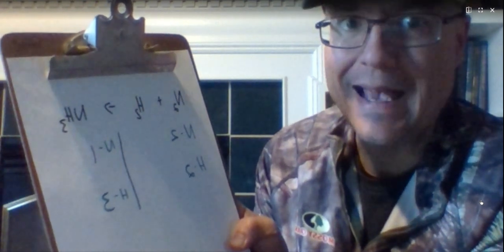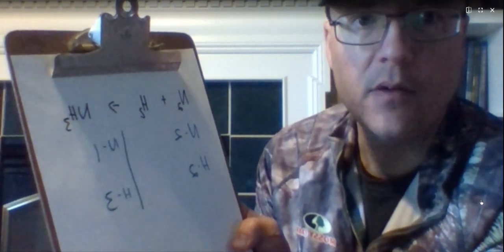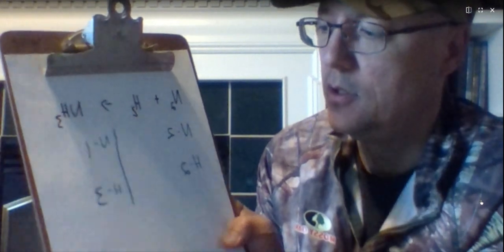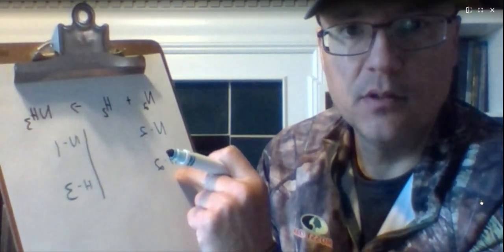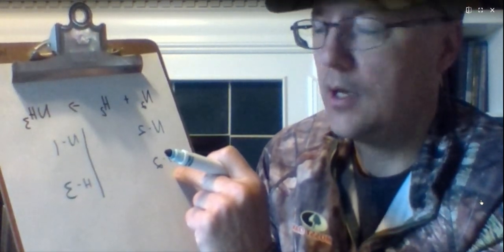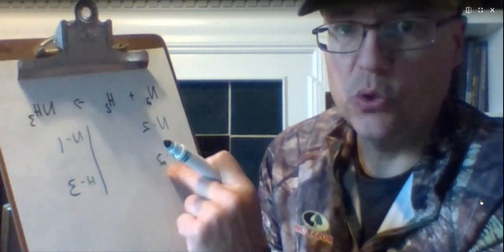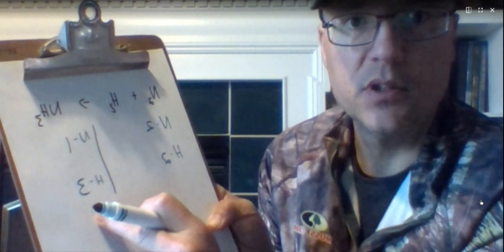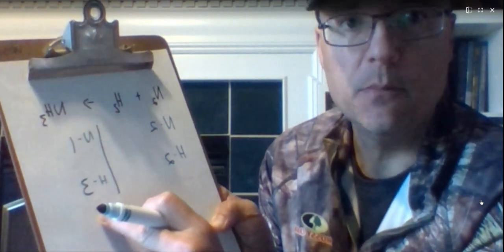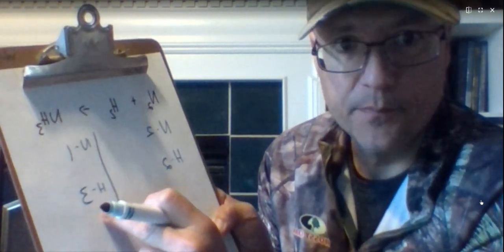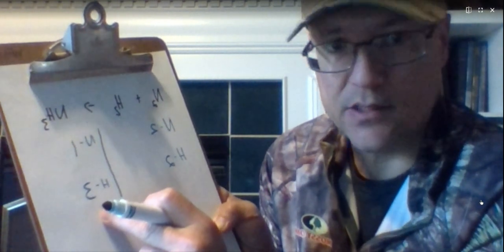I can't add half of an atom of hydrogen to the left. So when I get these numbers 2 and 3, I have to determine what is the least common multiple of 2 and 3, which is 6.